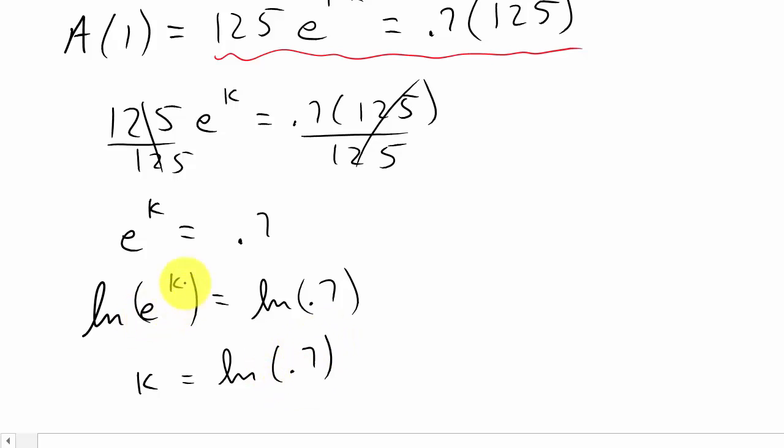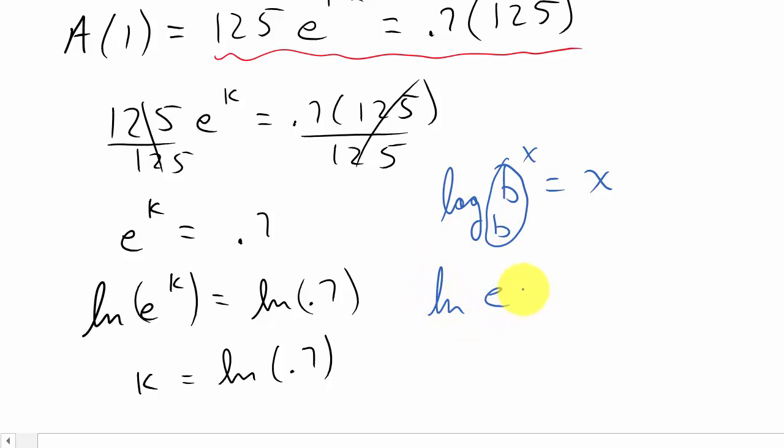Let me refresh your memory on how I get the k. If you have the log base b of b to the x, the base of the exponent and the base of the logarithm are the same, so your answer is your exponent. Now we have natural log of e to the k.